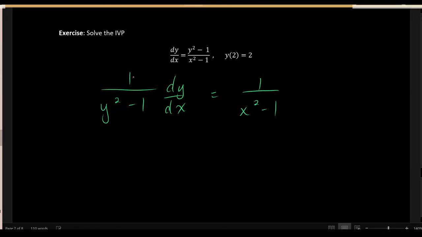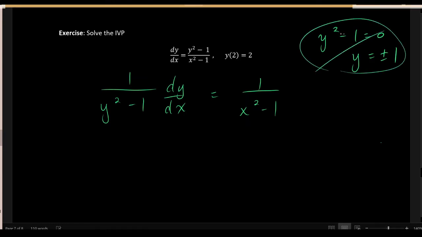Now, let's figure out what we just divided by. We just divided by y squared minus 1. So let's consider the consequences of having a y that was equal to plus or minus 1. Now, if y is equal to either the constant function plus 1 or the constant function minus 1, it's never capable of outputting 2.